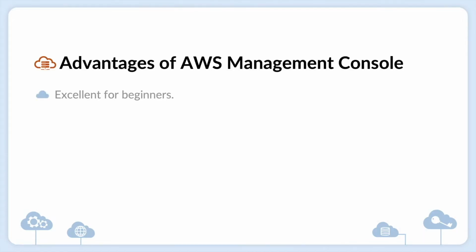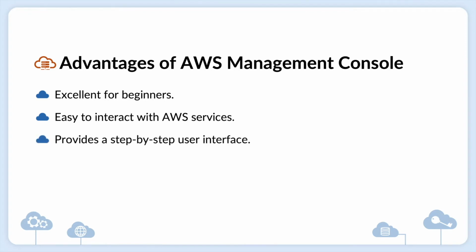If you are a beginner, AWS Management Console is the right start as you can very easily interact with AWS services. It's like navigating just another website. But as we discussed, it's easier because of its very clean step by step user interface.